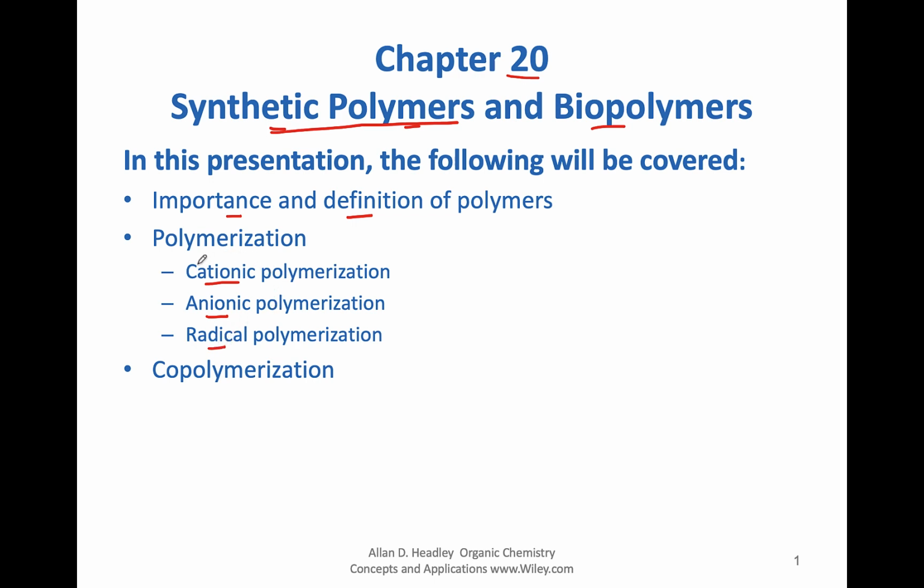As you can imagine, these are intermediates. The cation is a positive charged intermediate. The anion is a negatively charged intermediate. And the radical is an intermediate which has a lone electron.